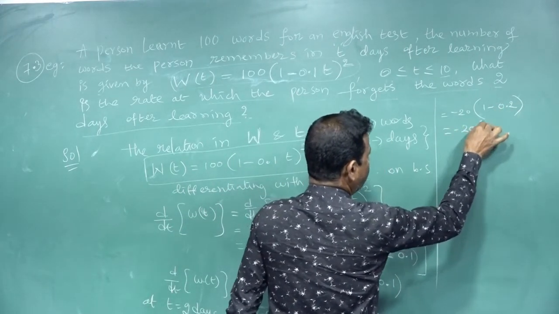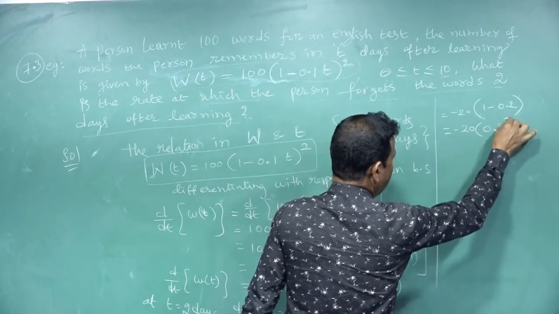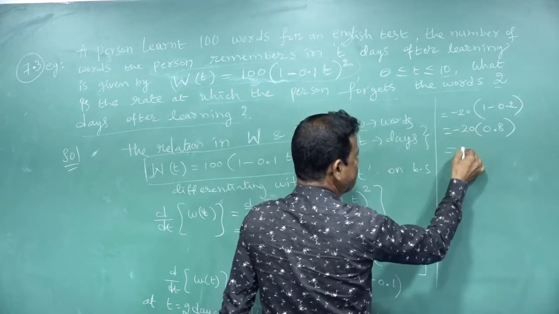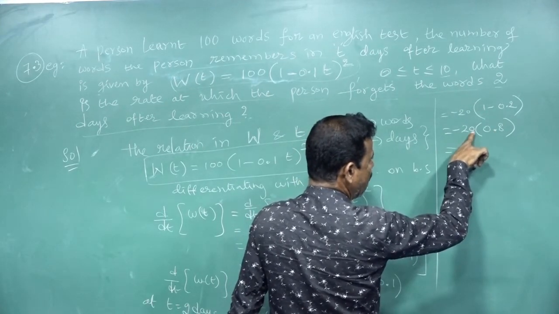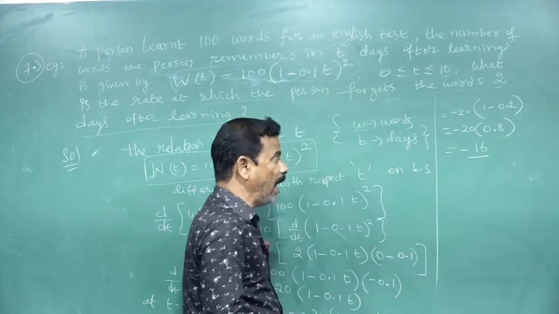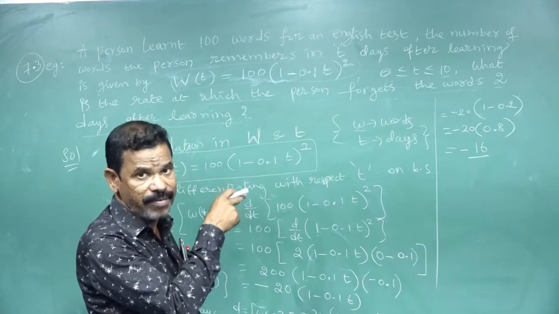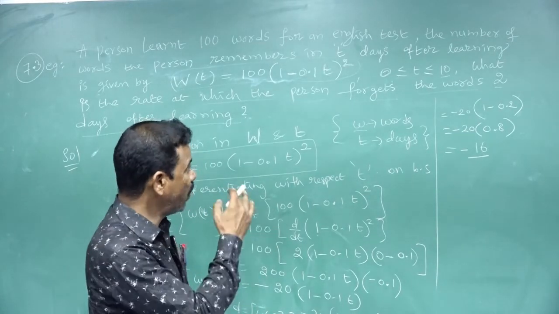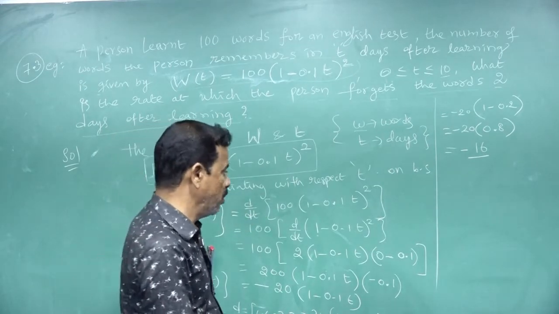Next, minus 20 into (1 minus 0.2), meaning 0.8. So minus 20 into 0.8, which is minus 16. Minus means decreasing, and decreasing here means forgotten. So after 2 days he forgot 16 words.